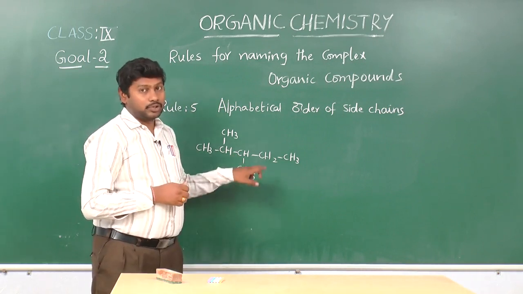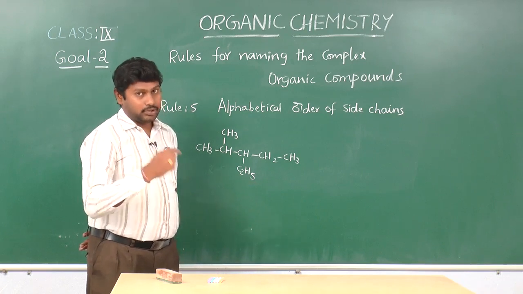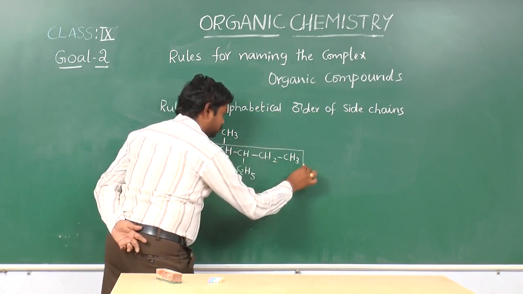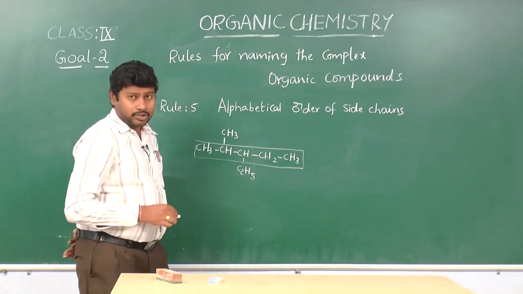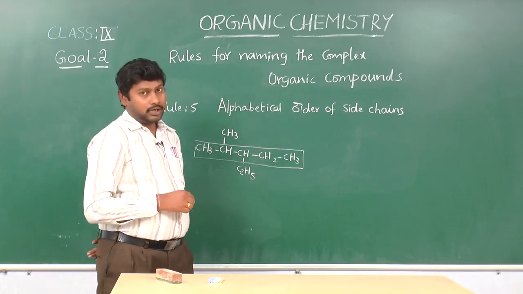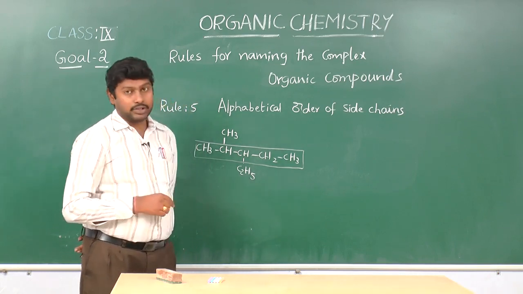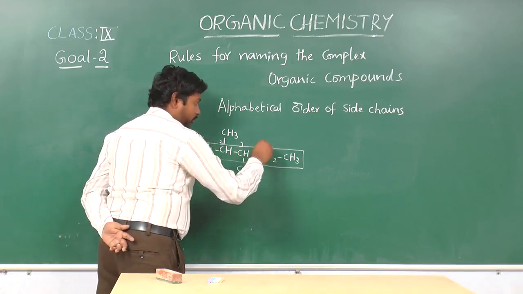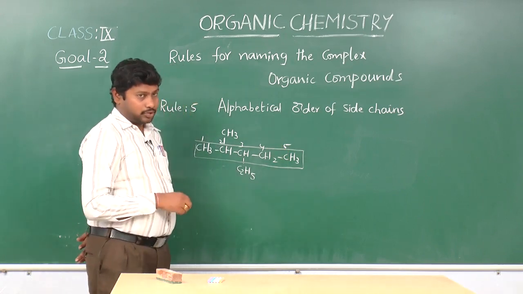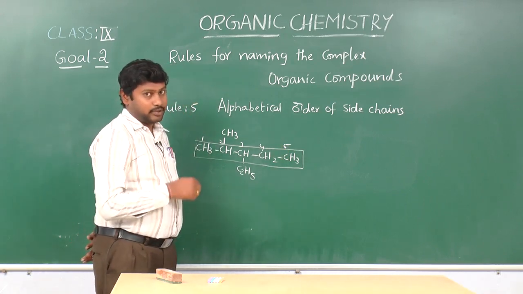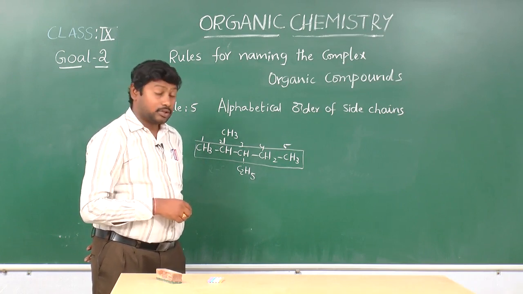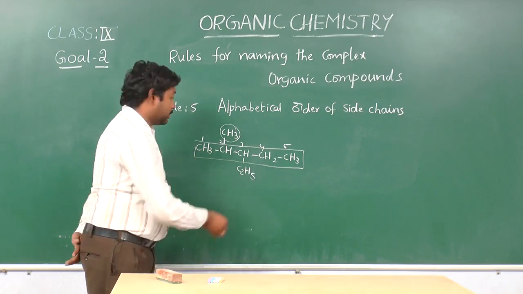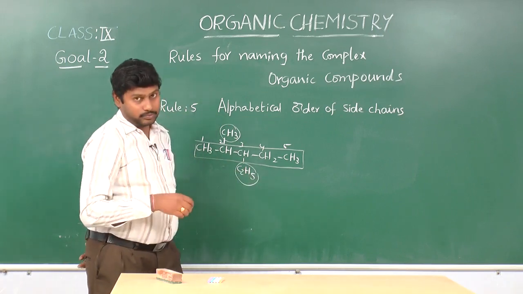So, first select the longest carbon chain, and according to the lowest sum rule, from left to right we should give the numbering. This is the correct numbering for this longest continuous carbon chain, and here two substituents are present, one is a methyl group and another is an ethyl group.